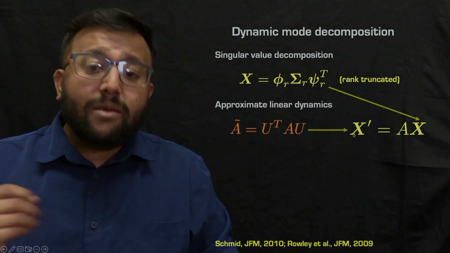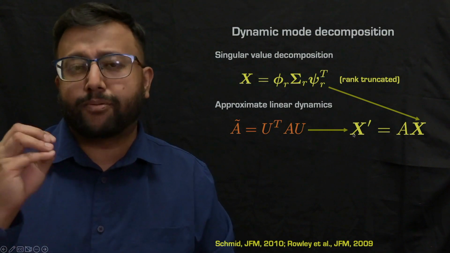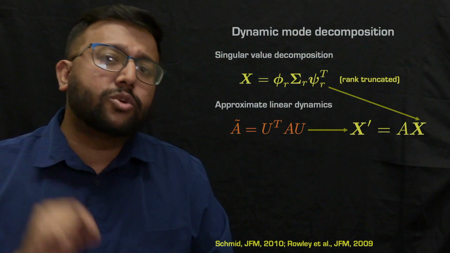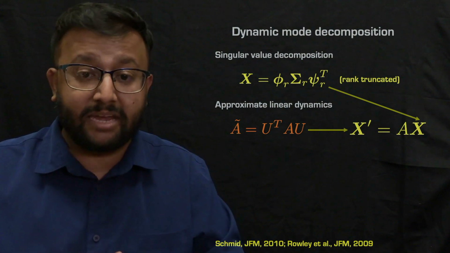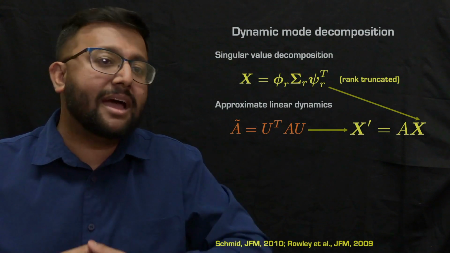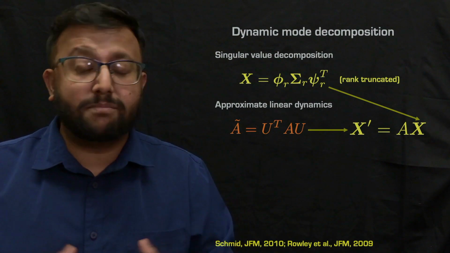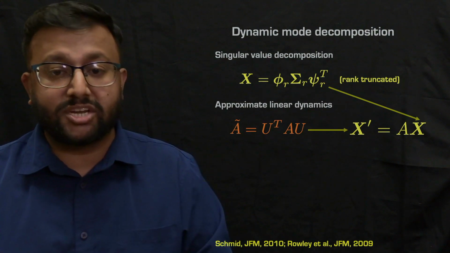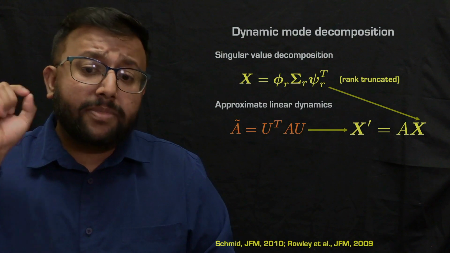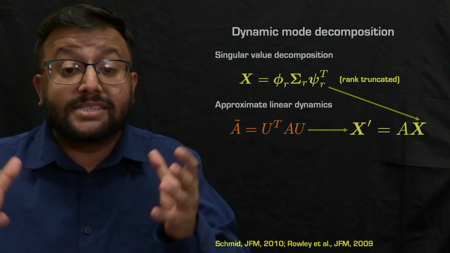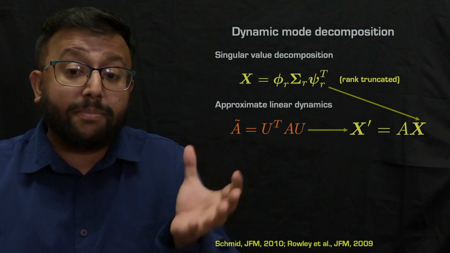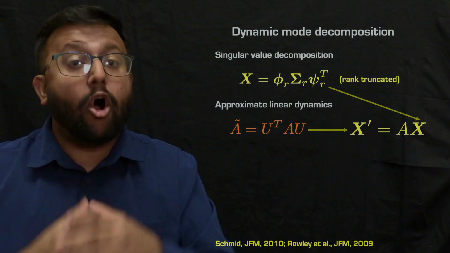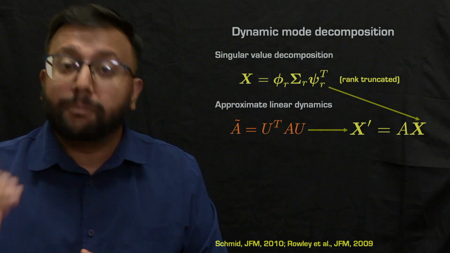All right. Then what we do is we construct an approximate operator A tilde. Now, the main intuition behind the approximate operator, and this is the main idea behind why dynamic mode decomposition is so popular in fluid dynamics as a dimensionality reduction technique, is that the approximate operator A tilde is a projection of the linear operator A onto POD modes.